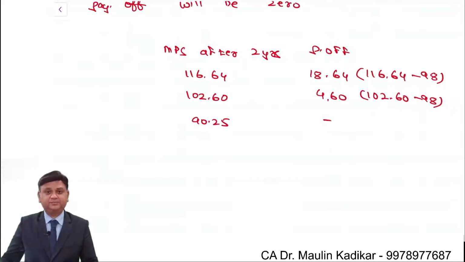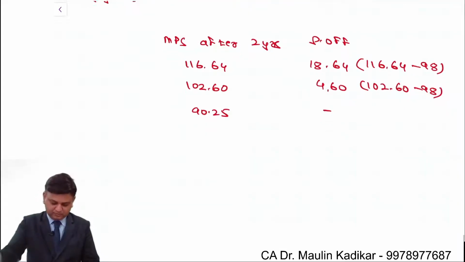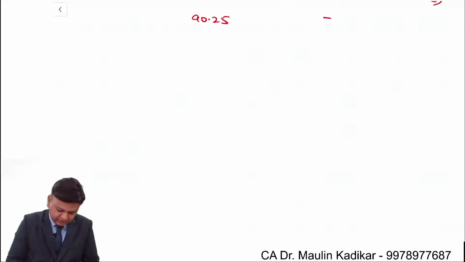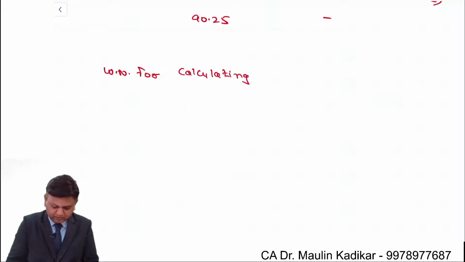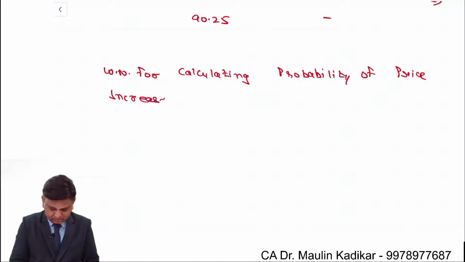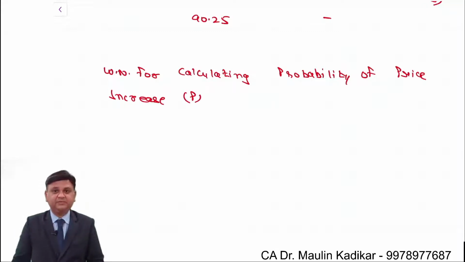Write down the answer. Then write down the working note for calculating the probability of price increase. In bracket I am writing P variable.